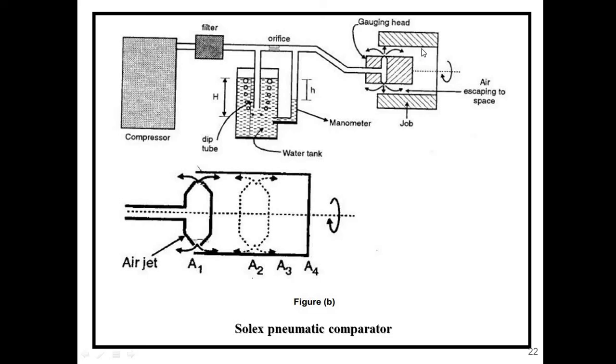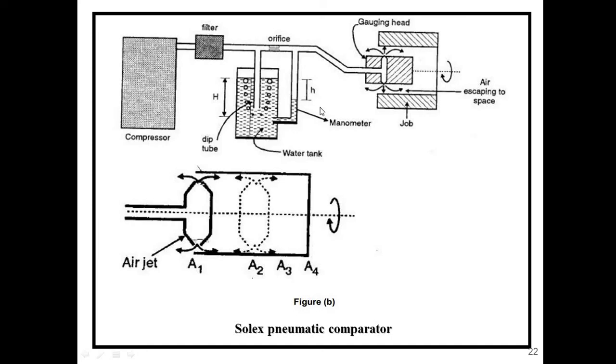You just have to revolve this gauging head in the hole, and if there is no change in the reading, then it indicates that the hole is perfectly round. So you revolve this gauging head through 360 degrees and watch whether there is any change in the reading or not.